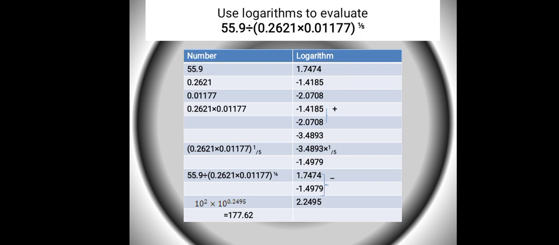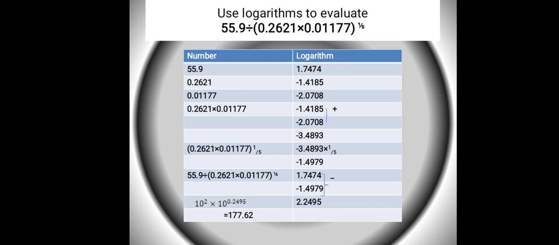Use logarithms to evaluate 55.9 divided by the fifth root of the product of 0.2621 and 0.01177. Now the logarithm of 55.9 is 1.7474. The logarithm of 0.2621 is 1.4185.